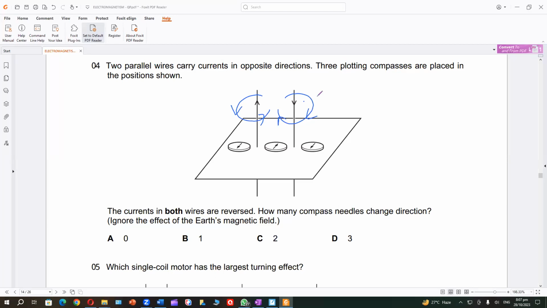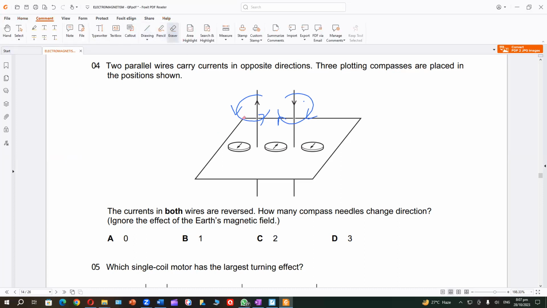He says current in both wires is reversed. So this is the present situation. If I reverse the direction of current in both wires, I'm going to reverse the current in both directions.